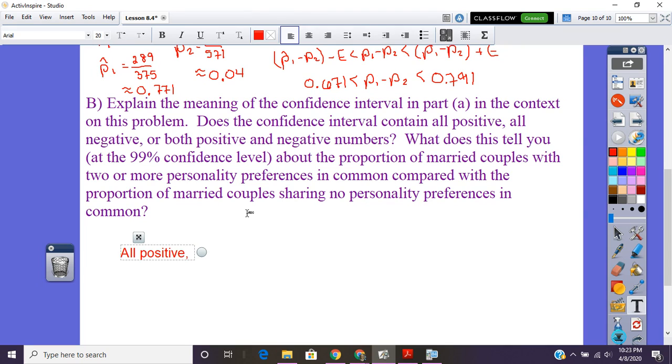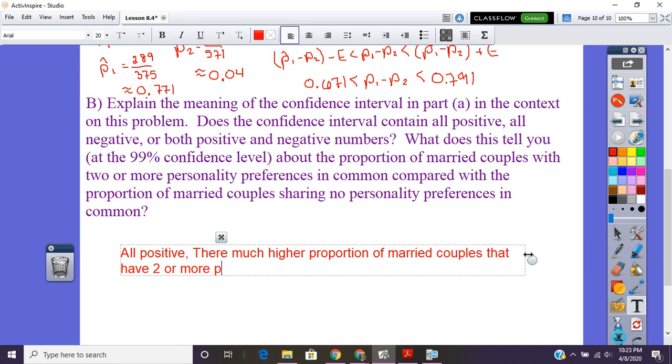So there is a much higher proportion of married couples that have two or more personality preferences in common. In fact, it was between 67% to 79% more couples that have that many in common.